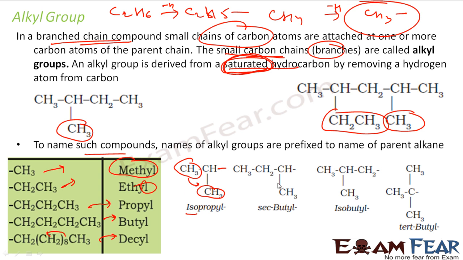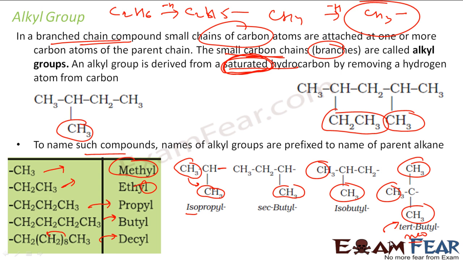If it has 1 CH3 attached, it is called sec. For example, this carbon I'm talking about has 1 CH3 attached, a methyl group. Again, this carbon has 2 CH3, so it is also iso. If a carbon has 3 CH3, it is called tert-butyl or neo-butyl also.